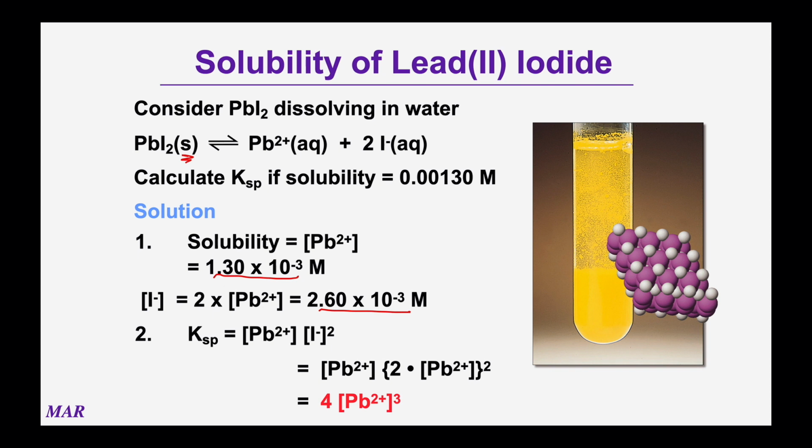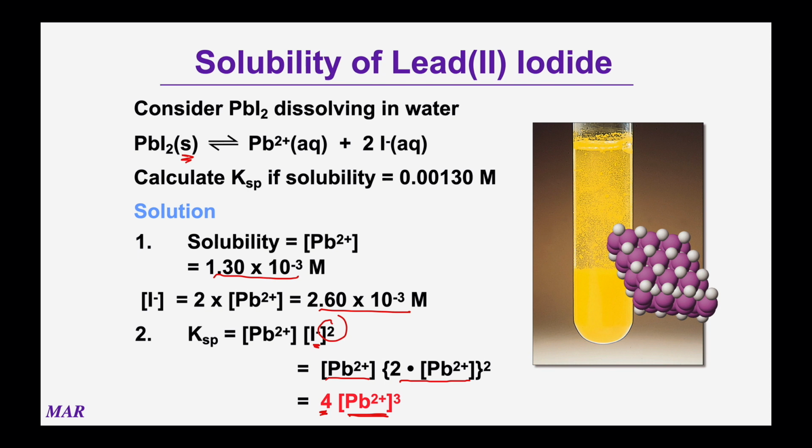But notice this version as well. You could also take the iodide, and iodide was equal to 2 times the lead. So there's a reason why I'm doing this. I'll talk about it in a little bit. So 2 times the lead, quantity squared, because we still have to deal with that thing. 2 squared is 4. Lead 2 plus to the second power is lead squared, but we're multiplying it by this lead 2 plus. 4 times the lead 2 plus to the third power would be one way to solve for this KSP.